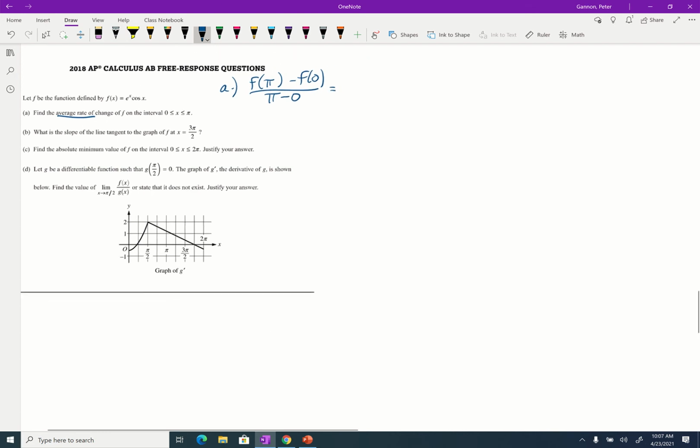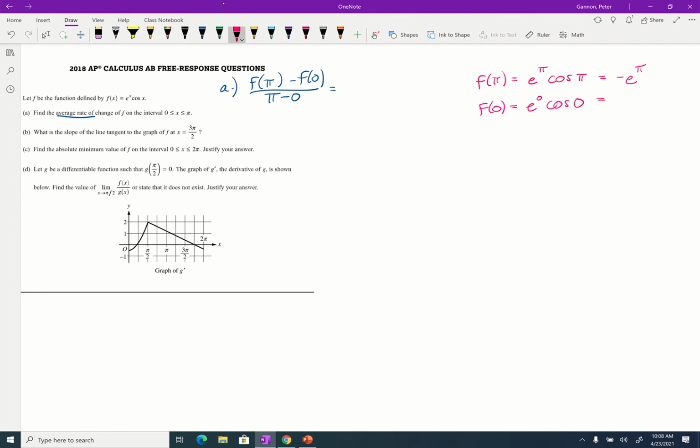So I'm going to do a little bit of work off to the side here. In order for us to find f of pi, we have e to the pi cosine of pi, and cosine of pi is -1, so this is negative e to the pi. And if we calculate f of 0, we have e to the 0 cosine of 0.